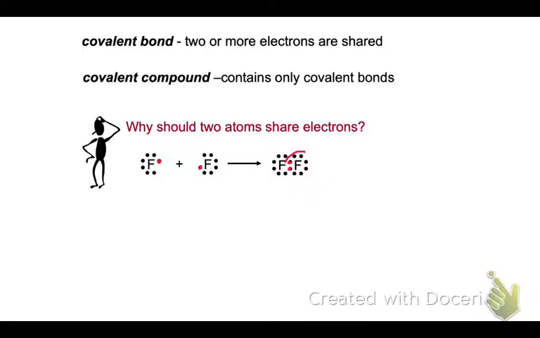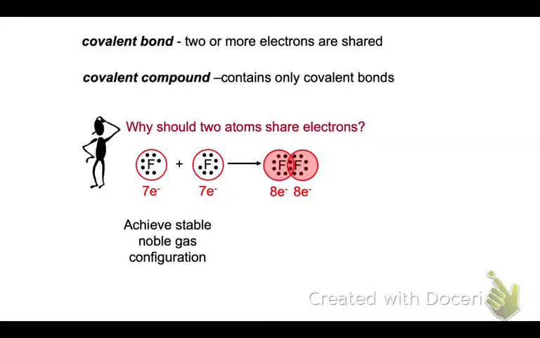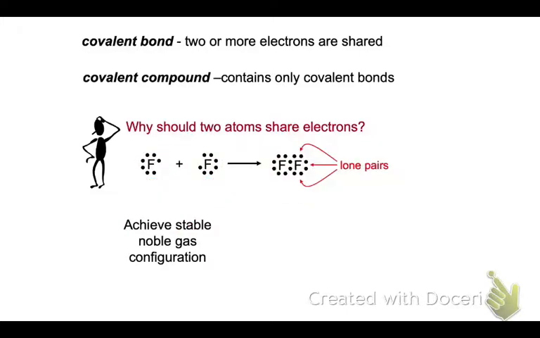Now, that's the beauty of it: because these two electrons are shared, each fluorine can pretend that it has 8 around it, and each one feels stable and looks like neon. So they achieve the stability of a noble gas configuration by sharing electrons.